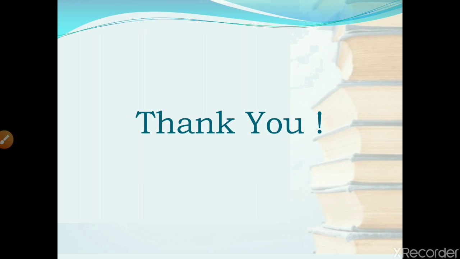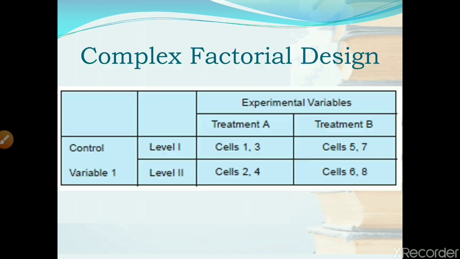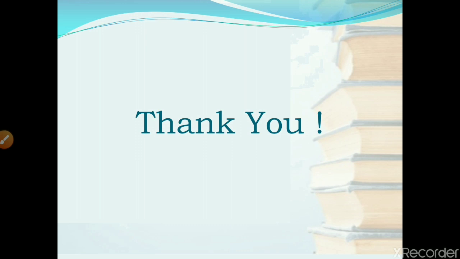The greater the number of independent variables included in a complex factorial design, the higher order of interaction analysis is possible. So we can say that there are several research designs, and the researcher must decide in advance of collection and analysis of data as to which design would prove to be more appropriate for his research project. Thank you.